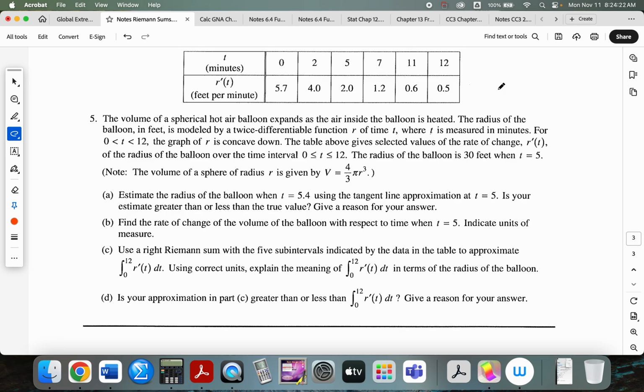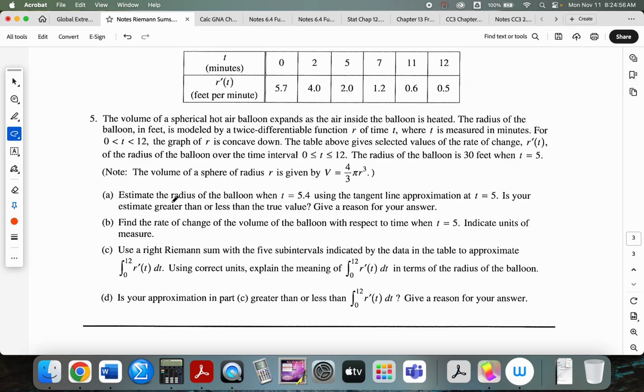The table above gives selected values of the rate of change, r prime of t, of the radius of the balloon over the time interval from 0 to 12. It also tells us that the radius of the balloon is 30 feet when t is equal to 5. And it gives us a formula for the volume of a sphere. It gives us all kinds of information. It also tells us that the graph of r is concave down. That's going to become important to us in a little bit.